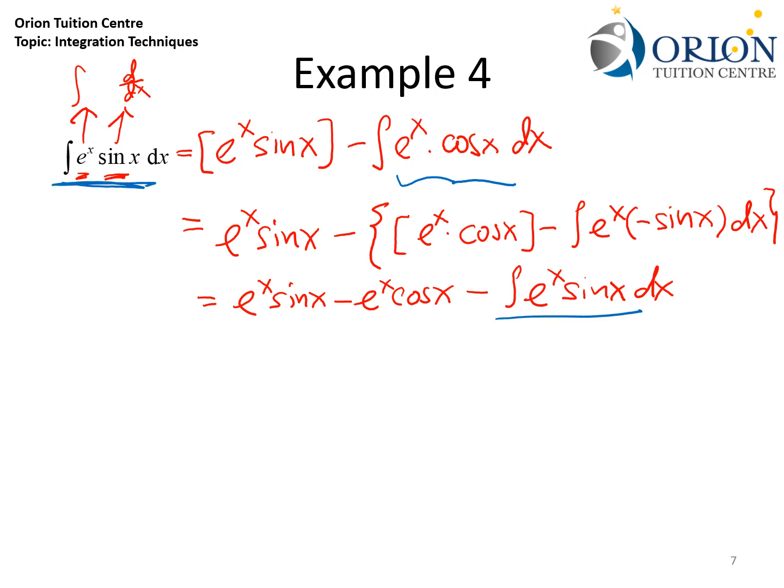So we have performed integration by parts twice, but we still do not end up with anything new. So what we can do now is to simply bring this term over to the left hand side.